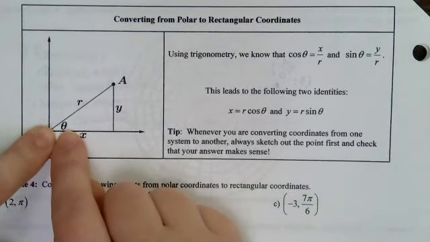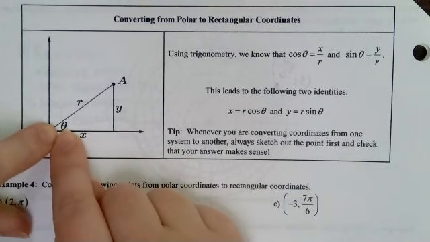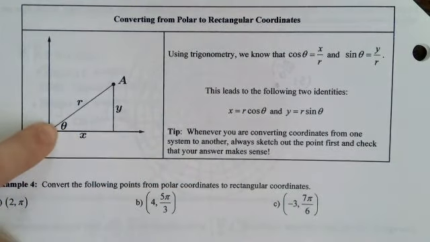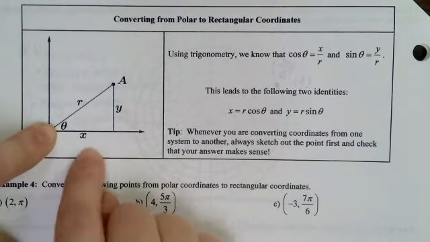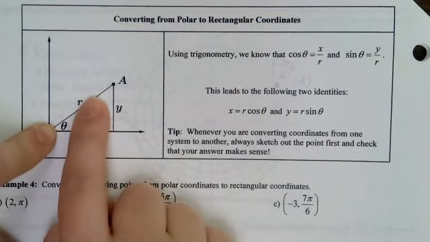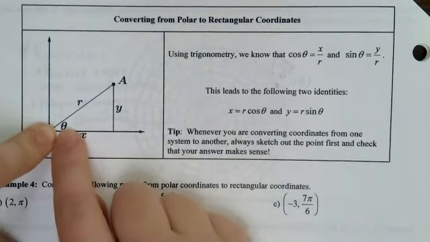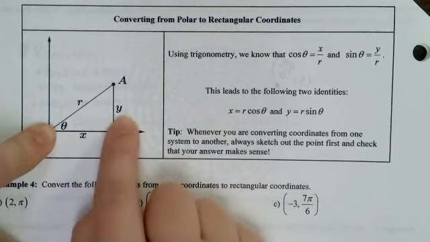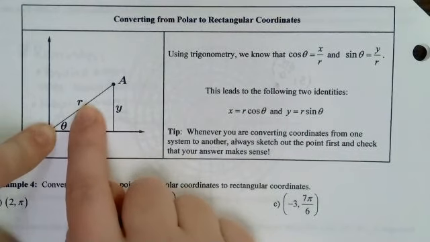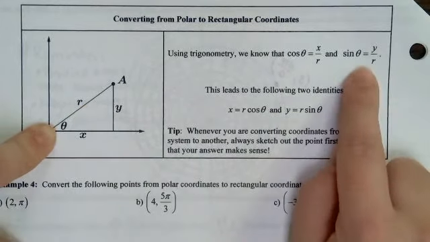If you look at angle theta, I could look at sine, cosine, tangent of theta. Cosine is adjacent over hypotenuse, x over r, and that's what you're seeing right here: cosine of theta is x over r. Sine is opposite over hypotenuse, so sine of theta is y over r.